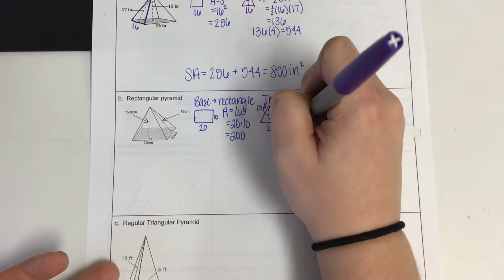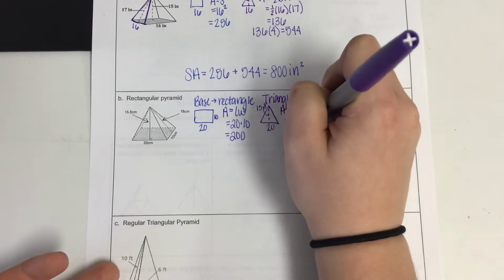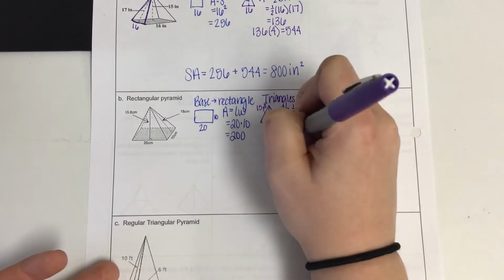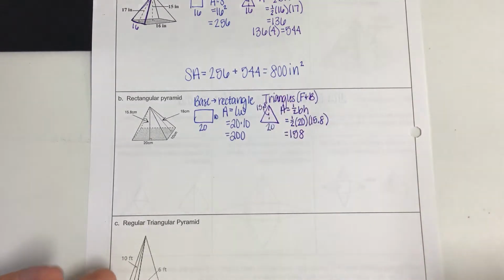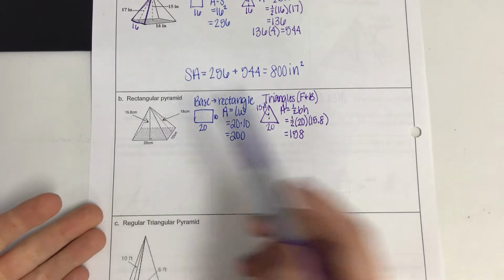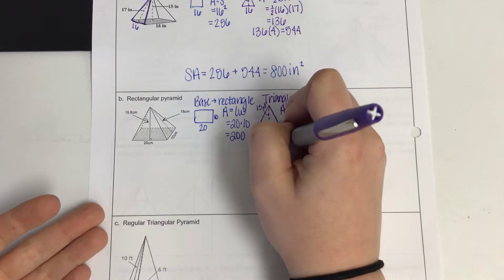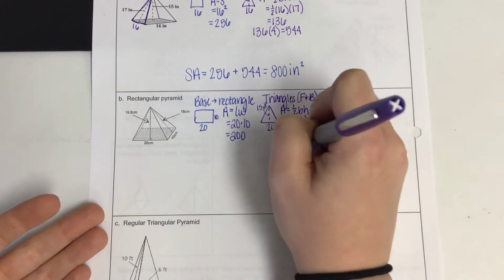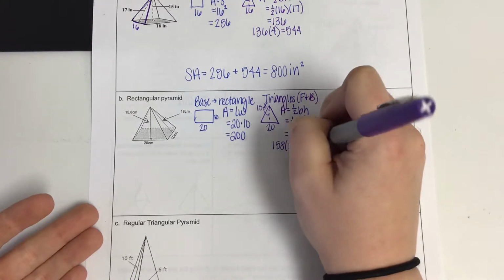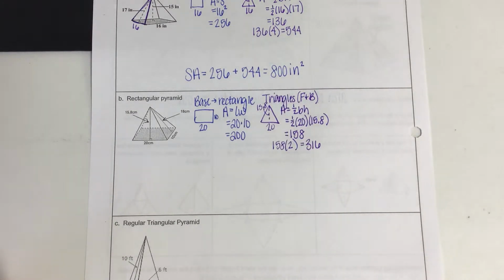So 1/2 times my base of 20 times my height of 15.8 is going to give me an area of 158. But again, that's just for one triangle. We need to find the area of both the front and the back triangles, which is 2 of them. So we multiply 158 by 2, and that gives us a total of 316. So those are our front 2 triangles.